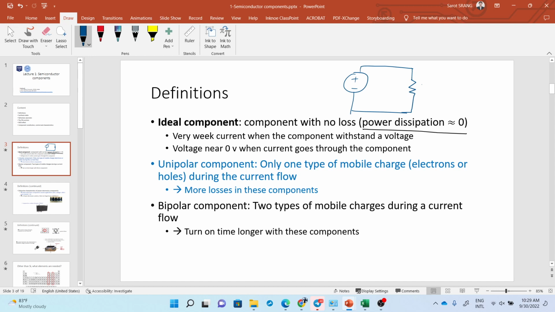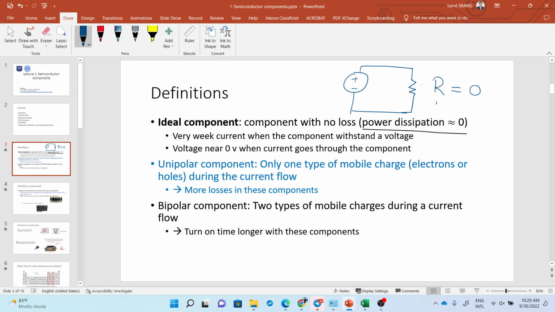My question is, what should the value of the resistor be in order not to dissipate any energy? 0. So if the resistor is 0, it does not dissipate any energy. Any other value?